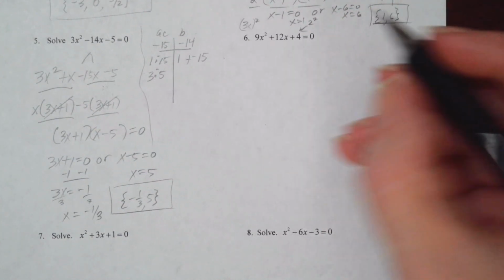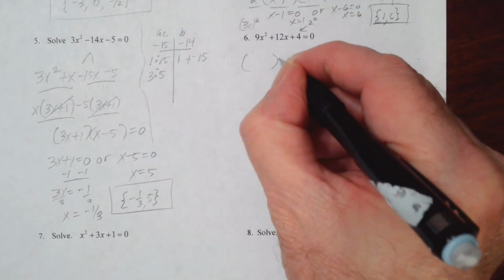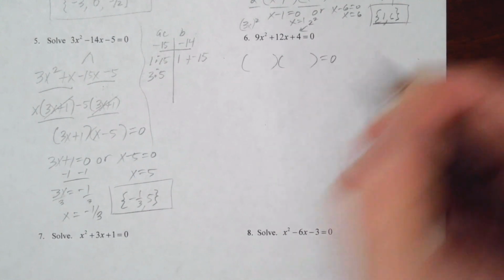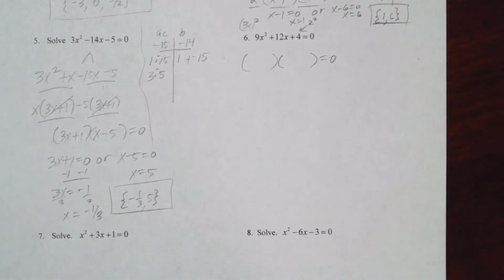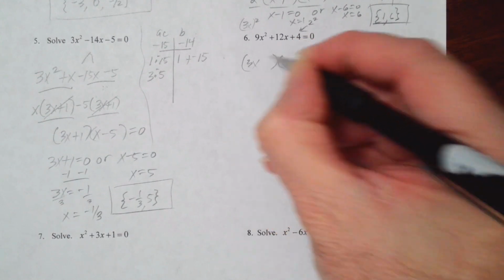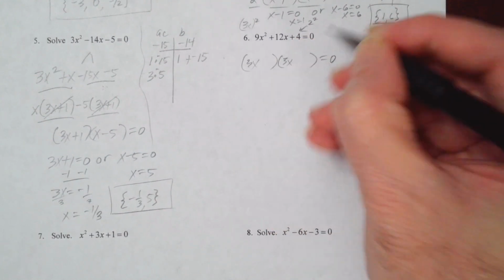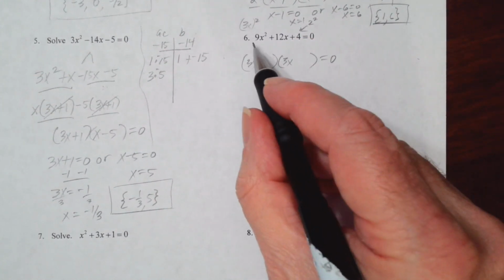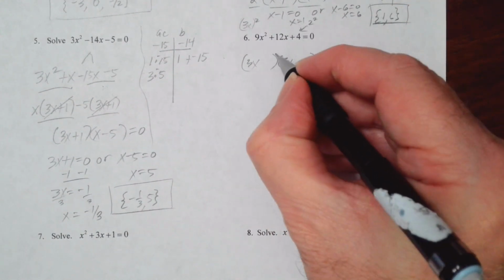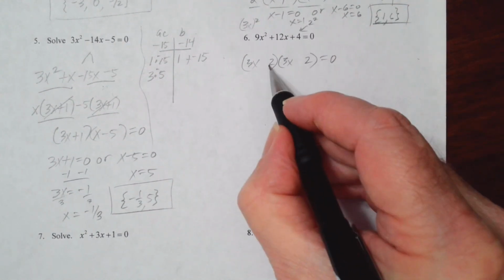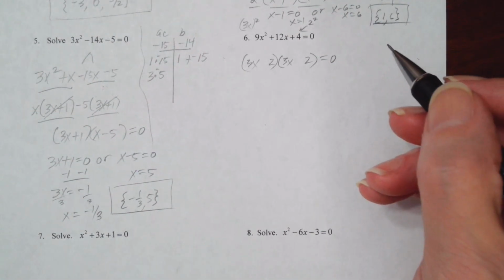And so the easiest way to do this one, assuming that this is what we call a perfect square trinomial, is to try 3x and 3x as your first terms, because those multiply to 9x squared, 2 and 2 as your last terms, because 2 times 2 is 4.